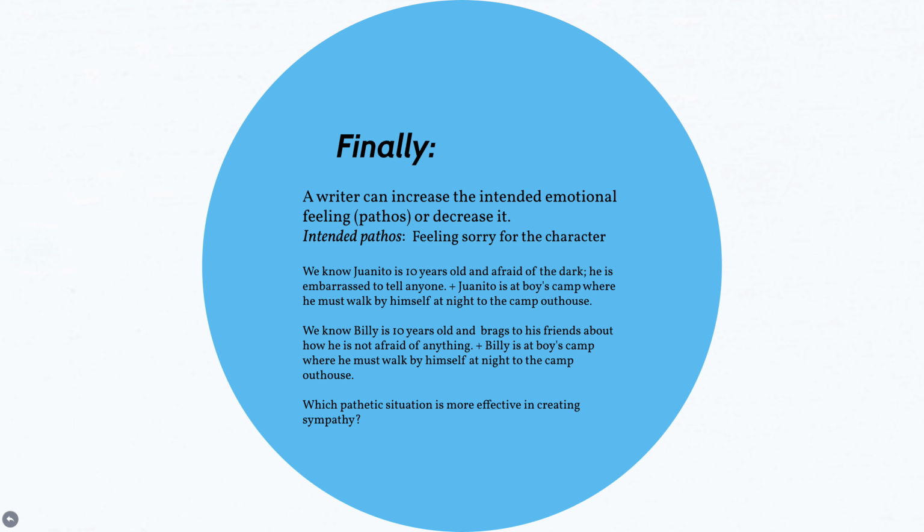He is embarrassed to tell anyone that he's afraid of the dark. And then as a writer, I'll take Juanito and I'll put him at a boys' camp where he must walk by himself at night to the camp outhouse. How are we going to feel as we witness and read that situation?